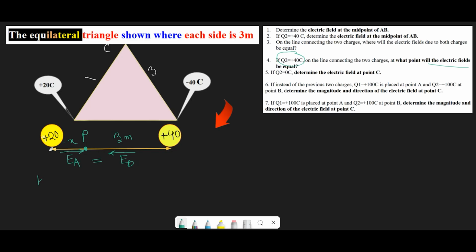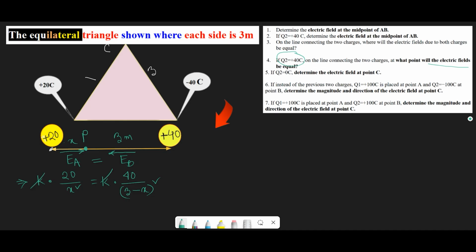So EA equals constant K, 20 coulomb over x square, equals K times 40 coulomb over 3 minus x whole square.